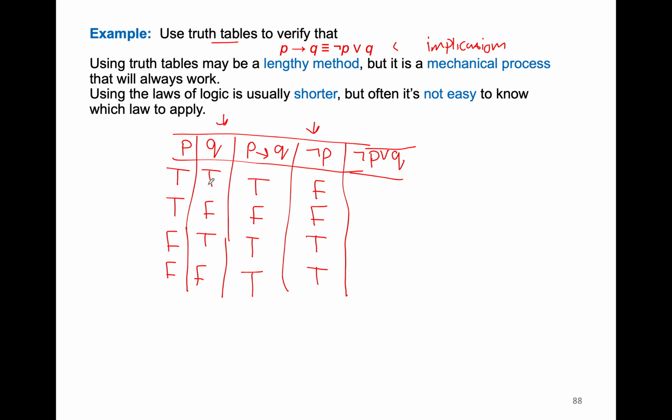Here we get false or true is true. False or false is false. True or true is true. True or false is true. So you can see here that this expression, if P then Q, is logically equivalent to not P or Q. So we can use the truth table to verify the logical equivalence of two expressions.